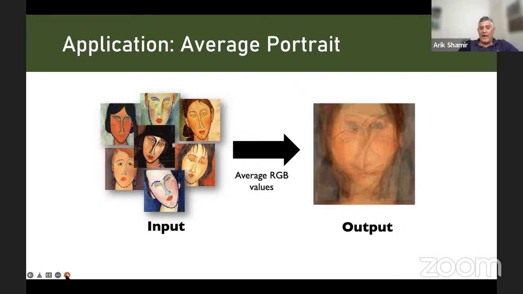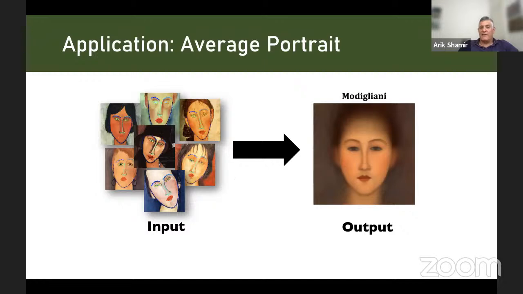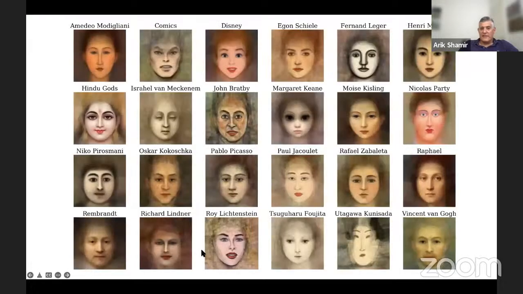But because we now have the features, we can then align the features, and what we get is the average portrait of, for example, Modigliani. And here you can see another few examples of average portraits created for various artists. And yet again, you can see clearly that style is not only related to texture or color, but also to the geometry that specific artists convey faces.